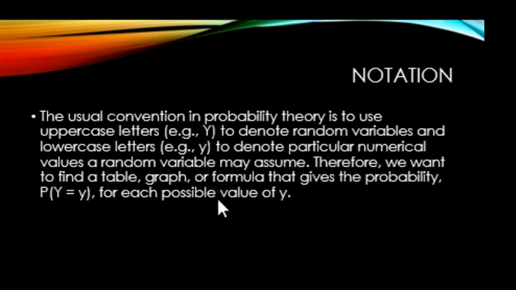The lowercase y will be the numerical values that this random variable can take. So let's say the values that y can take are 0, 1, and 2. Then the lowercase y will be 0, 1, or 2. Okay. When we want to write the probability, we can write the probability in this format: probability of Y equals y, where y is the possible value.